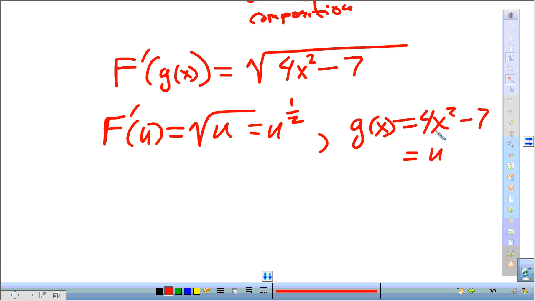So my u substitution is 4x squared minus 7, and I want to find a capital F of u, an antiderivative there. It would come from u: add 1 to the exponent, 3/2, divide by 3/2, but that's multiplication by the reciprocal, 2 over 3.